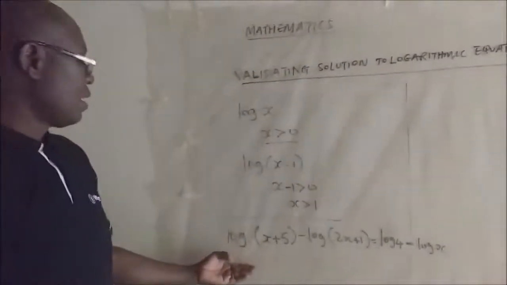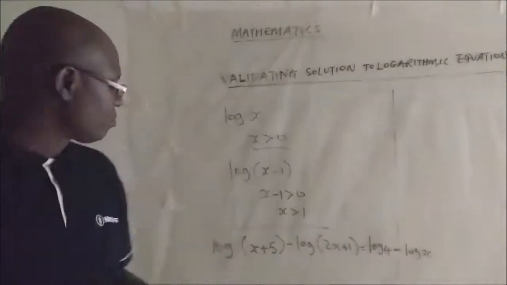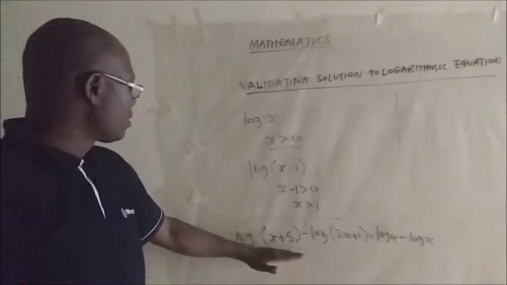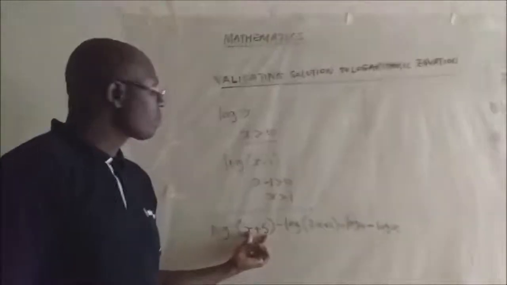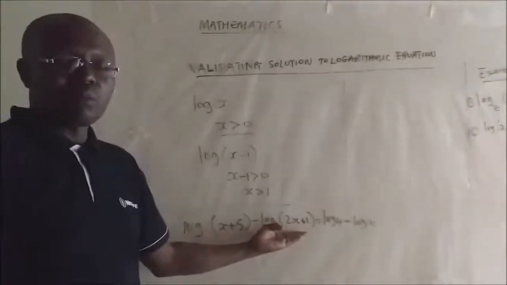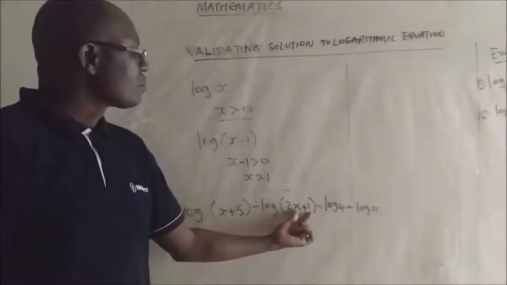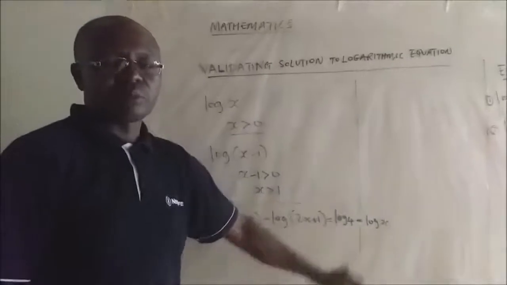This is a logarithmic equation with several logarithmic expressions. We have a logarithmic expression with an argument of x plus 5. We have another logarithmic expression with an argument of 2x plus 1. And we have another logarithmic expression with an argument of x.